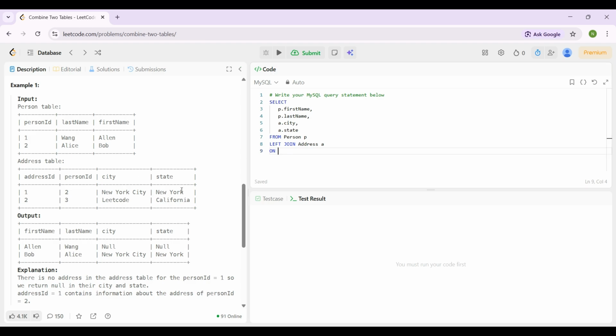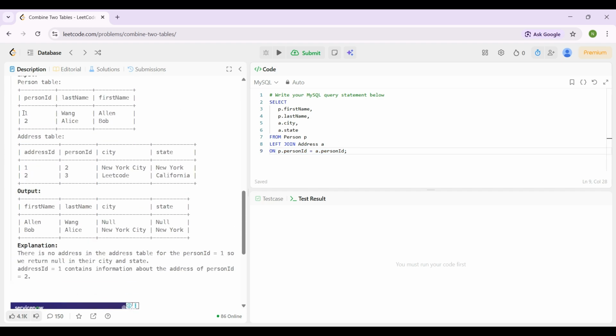Then we will get the city and state. So we will use the condition as p dot person ID equal to a dot person ID. Do you get an idea of why I had used this?